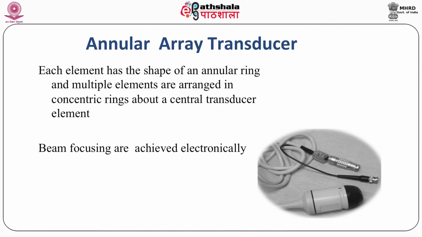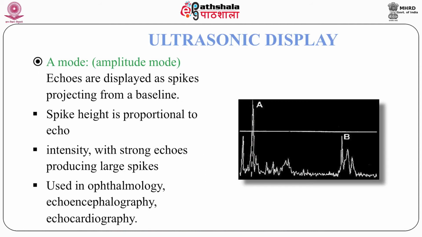Now coming to the display modes in ultrasound, there are A mode, amplitude mode; B mode, brightness mode; and TM mode, the time motion mode. A mode stands for amplitude mode.